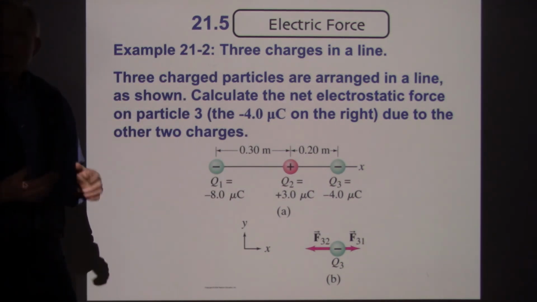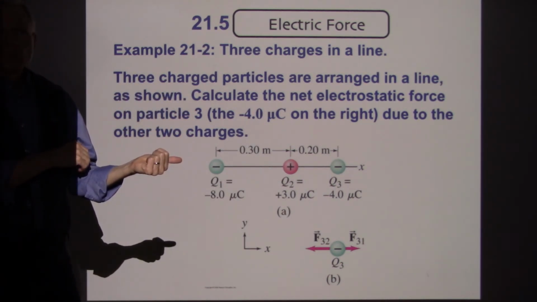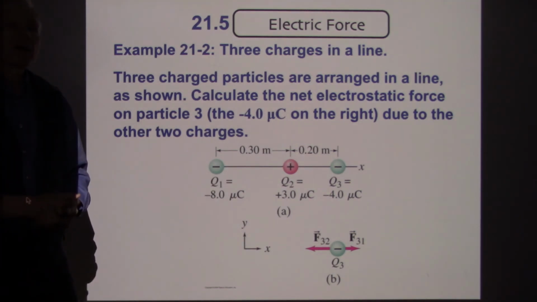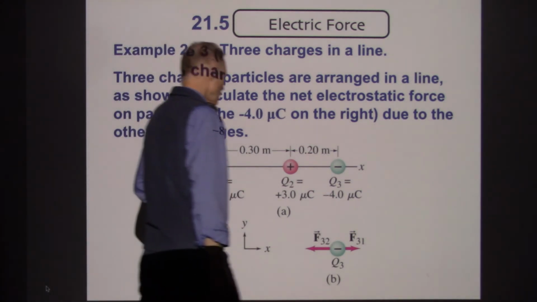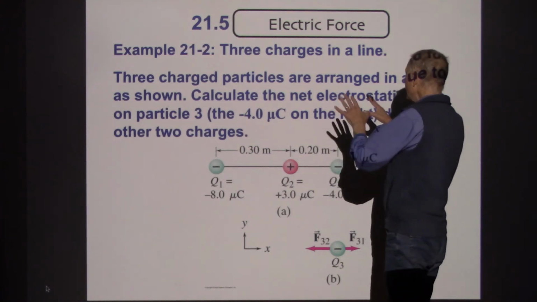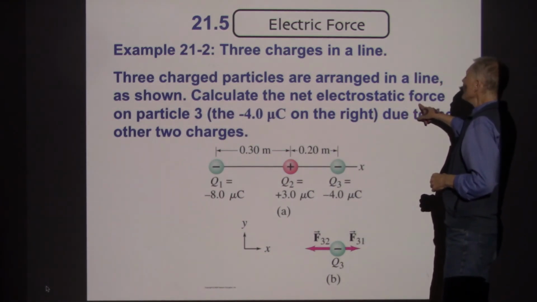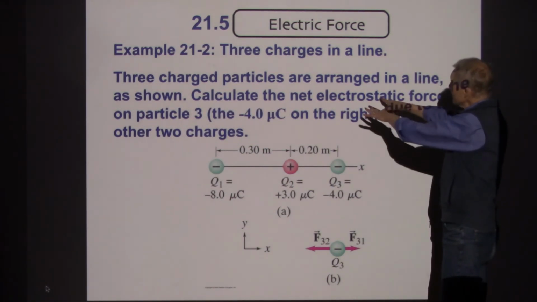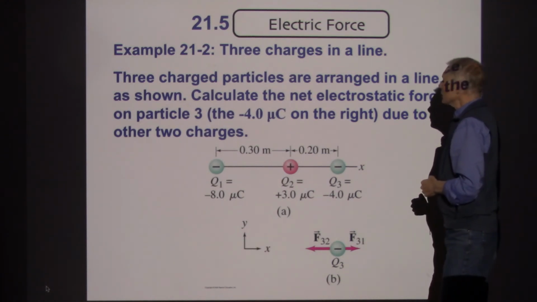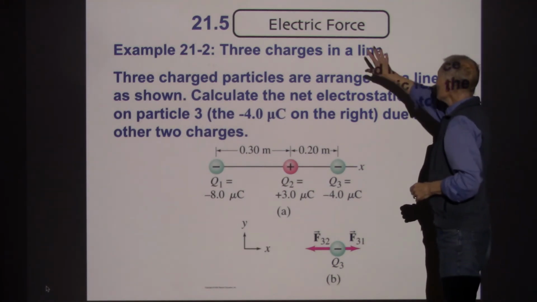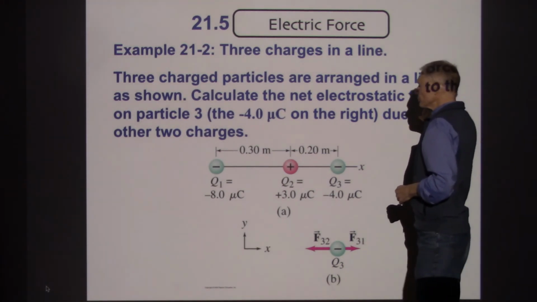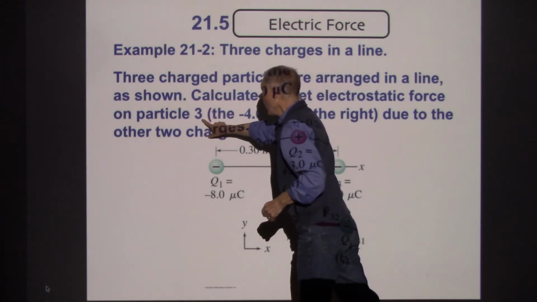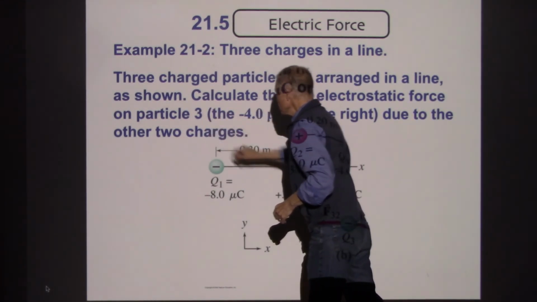If you think back, that's what we did back in chapter 6 when we were looking at gravitational forces, for example. So in the question, they actually say, what is the electric force? They're calling it the electrostatic force now. Anyway, I'm going to call it the electric force acting on object 3.